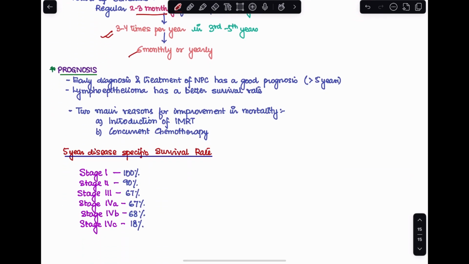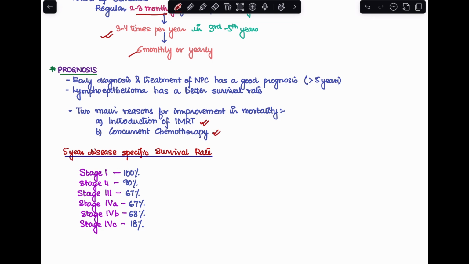Coming to the prognosis of the patient, if the patient has undergone early diagnosis and treatment, they have a very good prognosis. Lymphoepitheliomas have a better survival rate. The two main reasons for improvement in mortality in nasopharyngeal carcinoma cases have been the introduction of intensity modulated radiotherapy and concurrent chemotherapy.